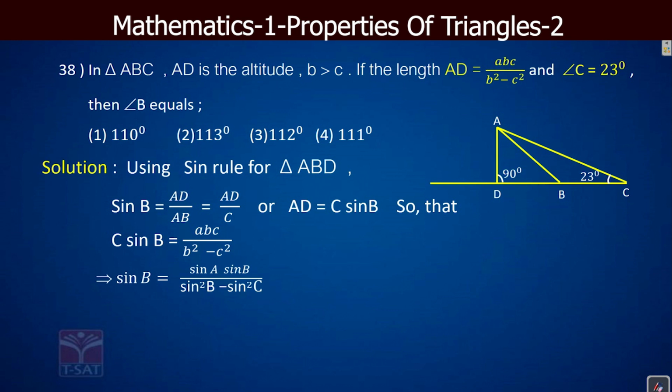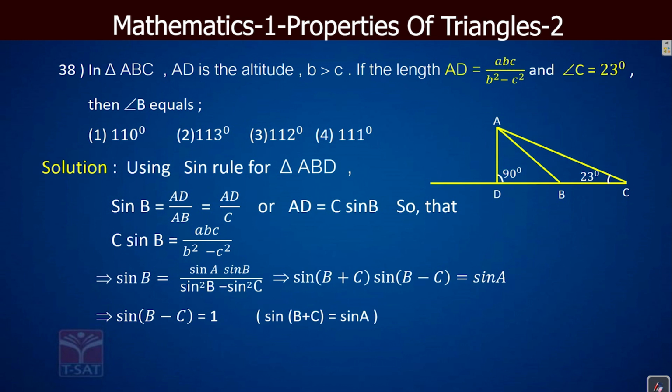So therefore, sin B is equal to sin A sin B by sin square B minus sin square C. The c cancels, and for a, b you write a is 2R sin A, b is 2R sin B, so that you will get sin B is equal to sin A sin B by sin square B minus sin square C. So that indicates sin(B plus C) into sin(B minus C). Of course, again sin B cancels. sin(B plus C) into sin(B minus C) is equal to sin A.